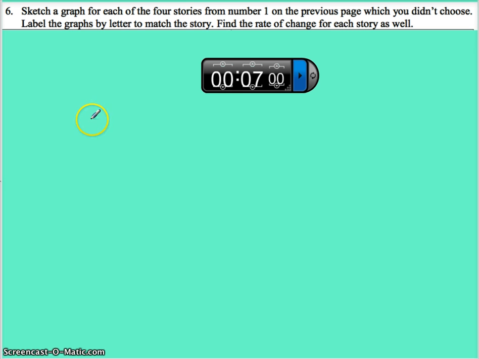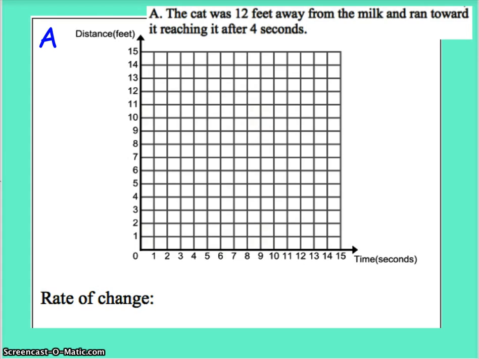So we had all those situations, A, B, C, D, and E. C was the one that was the winner, but we're going to graph the other 4. So let's look at graph A. The cat was 12 feet away. So that means when we start, we are starting up here at 12. And then he runs towards the bowl. Well, right here, this 0, that's the bowl.